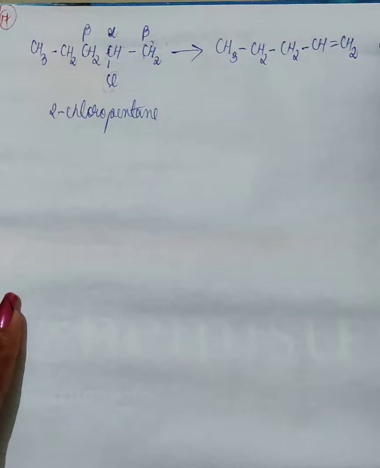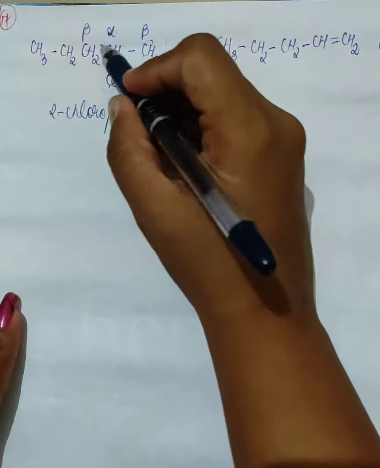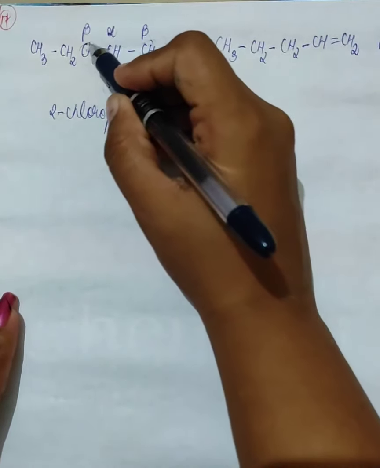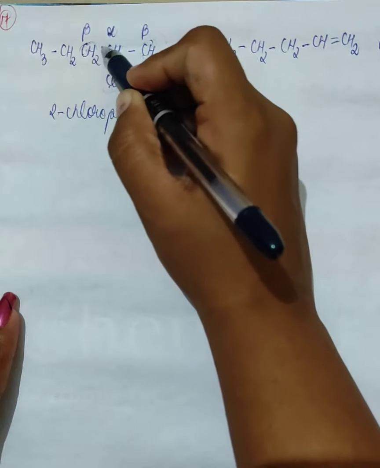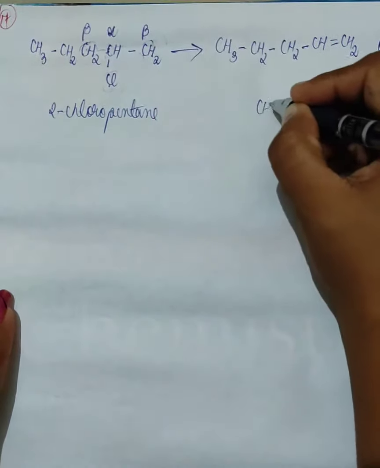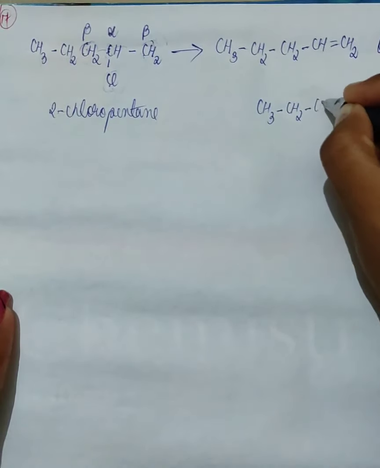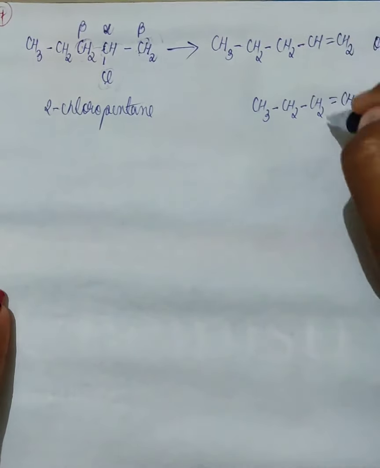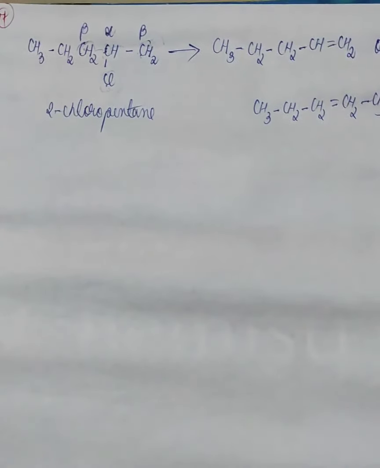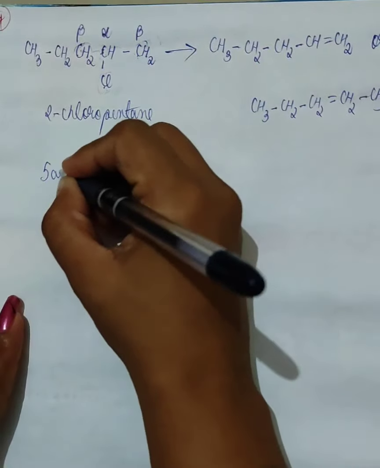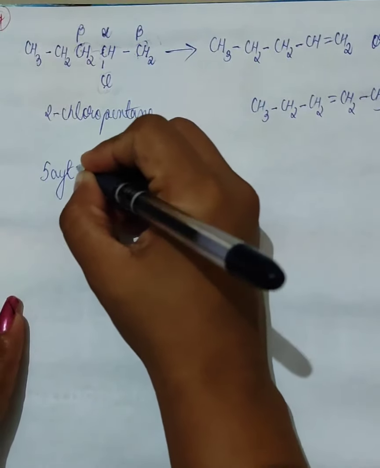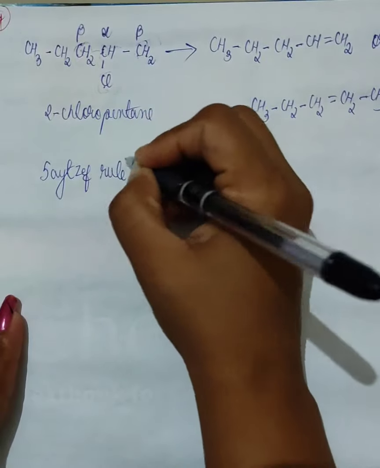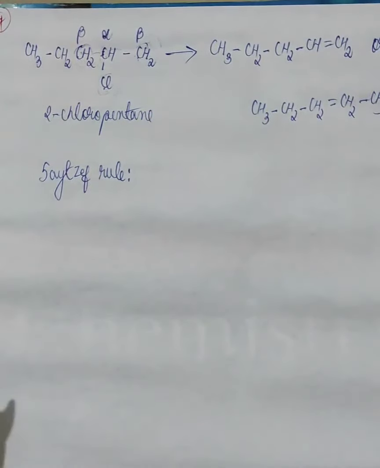And the second case is if it leaves from here, the double bond will come here: CH3, CH2, CH2 double bond CH2, CH3. Now from these two, which will be our major product? According to Saytzeff rule, whichever product has the highest substitution will be our major product.